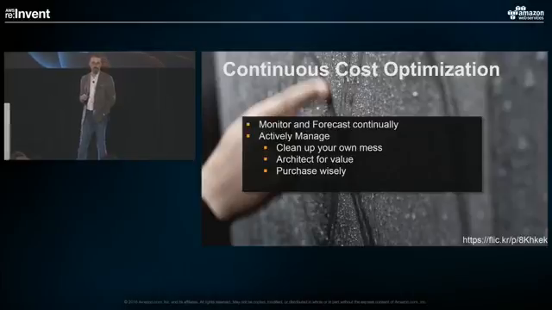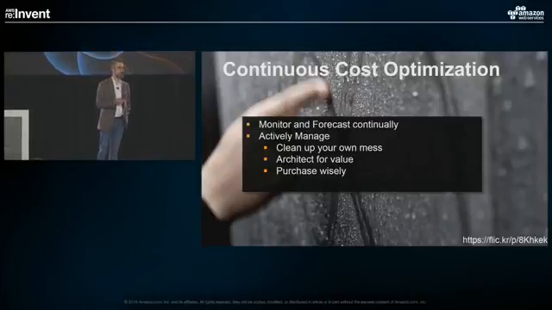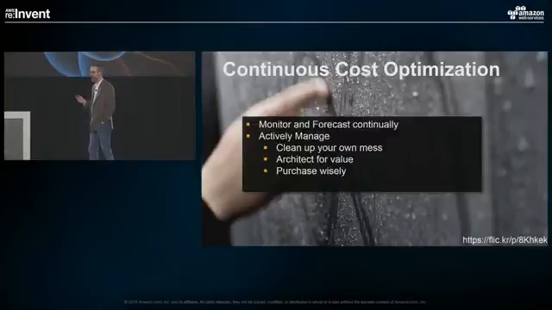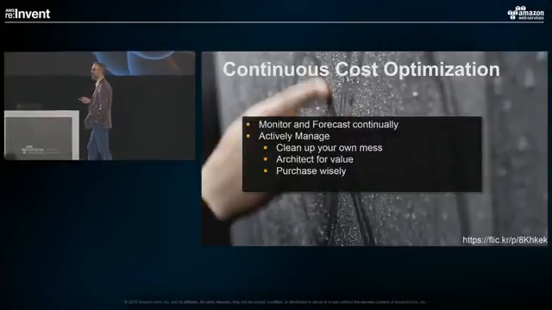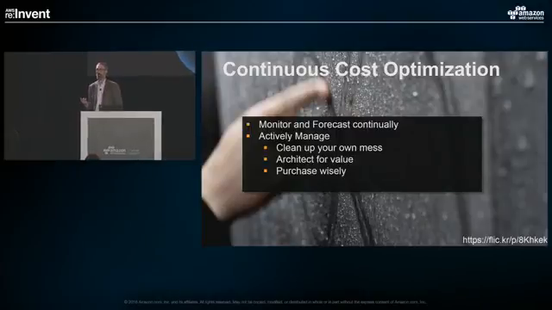Benchmark using your applications, or even better, maybe you move to using no instances, using serverless and Lambda and S3 web hosting. And then purchase wisely. Use the RI recommendations from our tools, from these partner tools, to drive your purchasing.